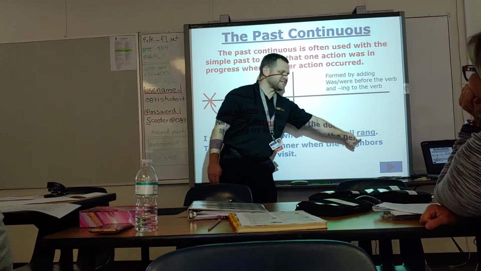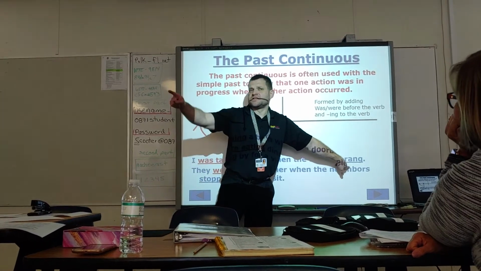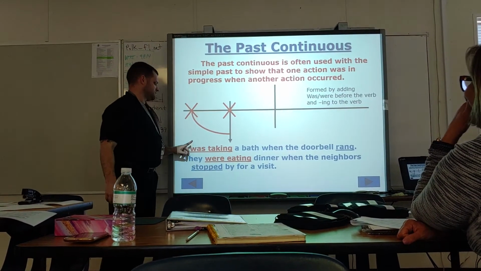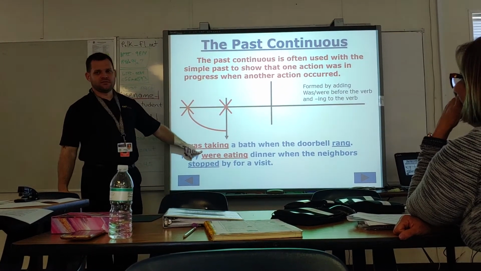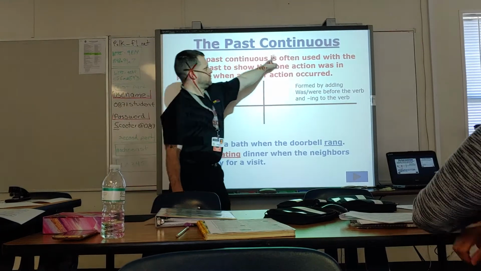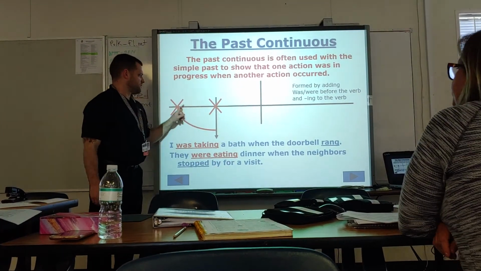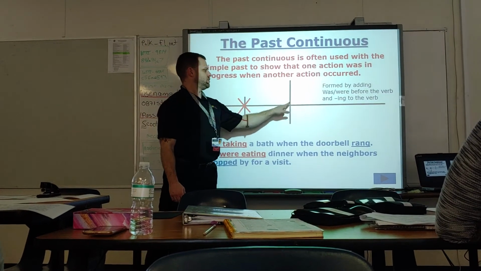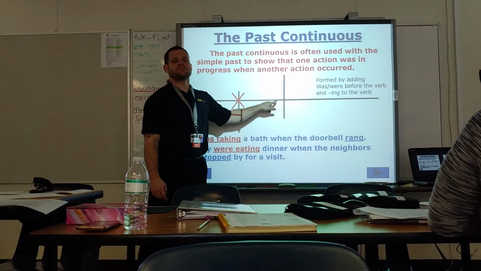Okay? What tense is that? Simple past. What tense is this? Past continuous. You got it. So this thing happened, and the doorbell rang, and this is right now. Okay?